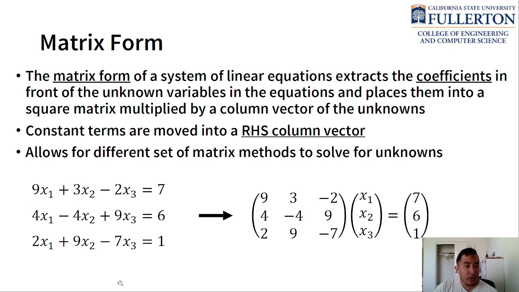This form is the most convenient, because you can literally just pluck out the coefficients and plop them in here. Sometimes you might have to massage the equations to get them to this form, but once each of the unknowns are lined up on top of each other, pulling out the coefficients is very easy.